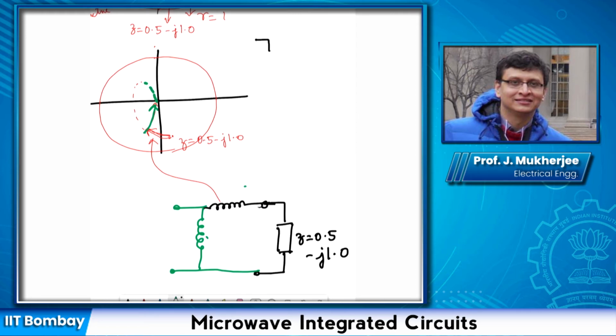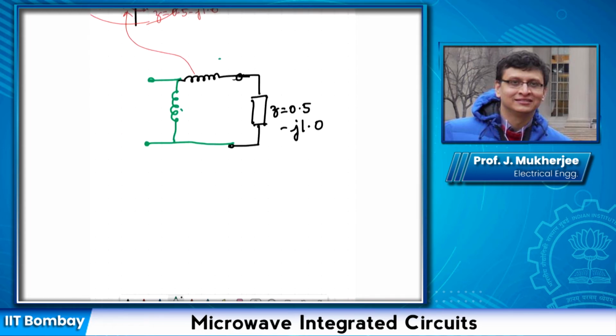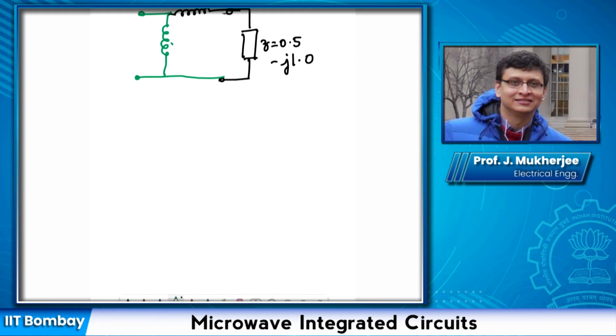Now suppose, let's consider this one. Suppose instead of the initial starting point lying in the bottom hemisphere, we have the starting point lying in the upper hemisphere.